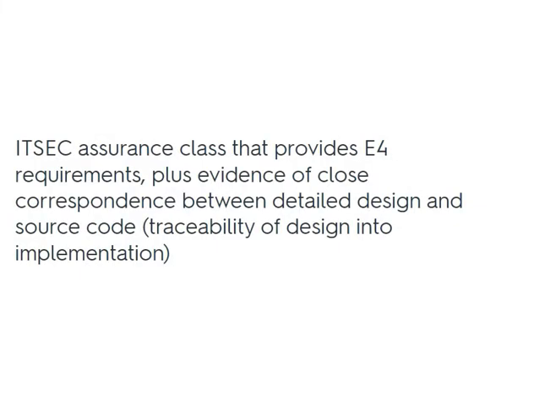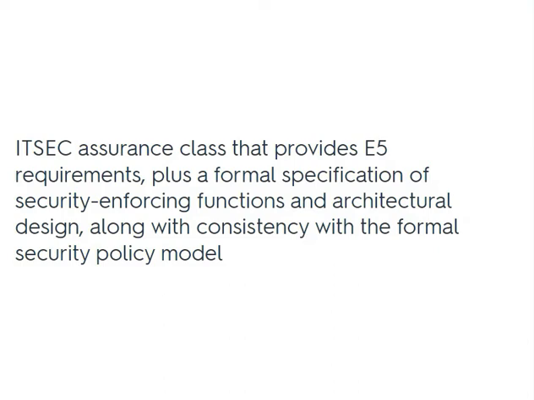E4. ITSEC assurance class that provides E4 requirements plus evidence of close correspondence between detailed design and source code. E5. ITSEC assurance class that provides E5 requirements plus a formal specification of security enforcing functions and architectural design along with consistency with a formal security policy model. E6.